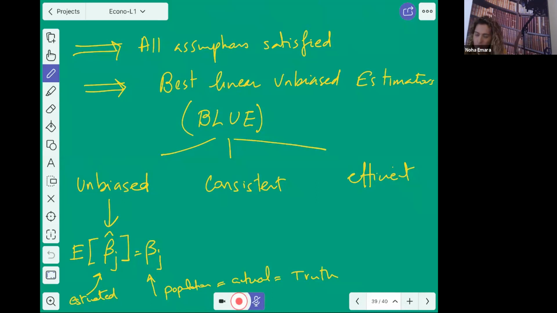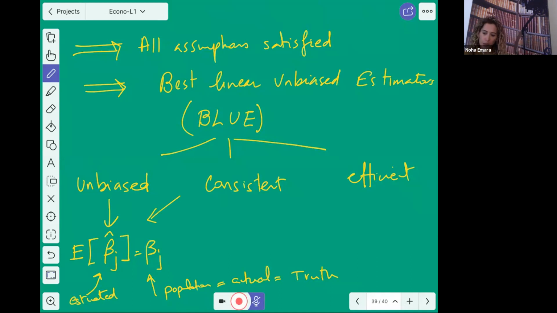Consistent is very similar to unbiased, but it adds the idea of maximizing the sample. Consistency simply means that I can achieve this if I maximize the sample. This makes sense, because if I want the most accurate estimation, I have to maximize the data set as much as possible.